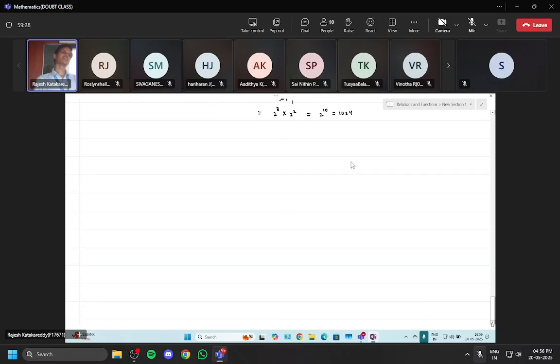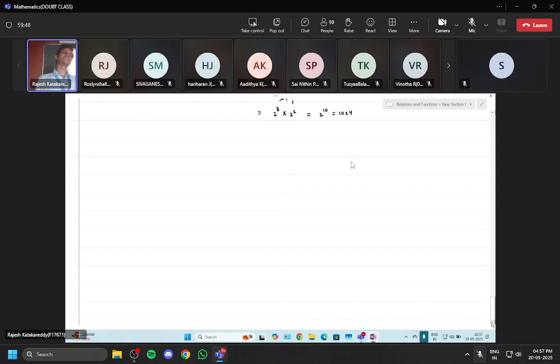After that we went to functions. In functions I directly started with types of functions: one-one and onto, bijective function, number of one-one functions, number of onto functions. After that we saw composition of two functions, then the inverse of a function and its properties as well.